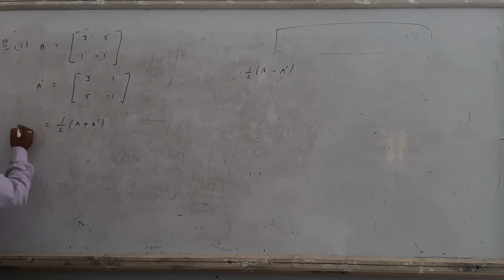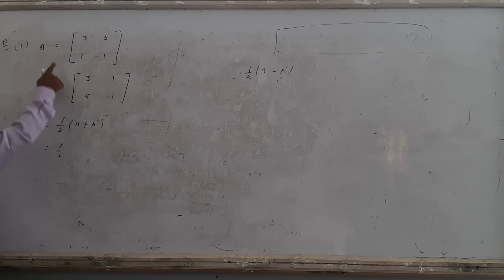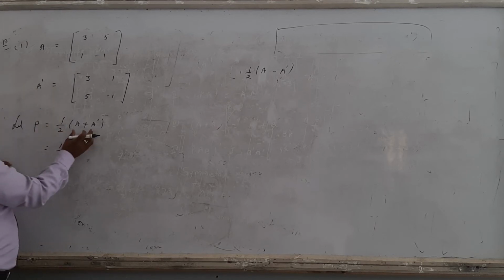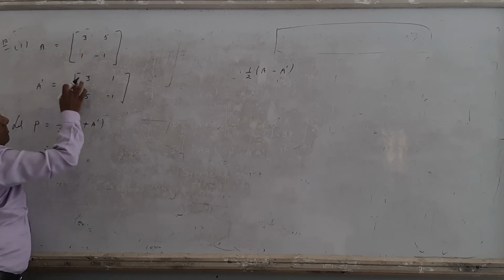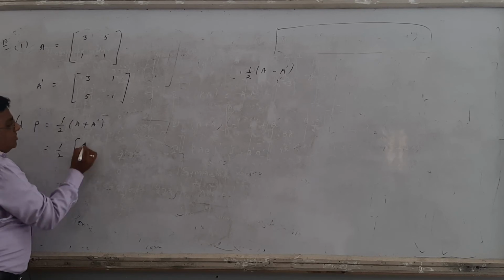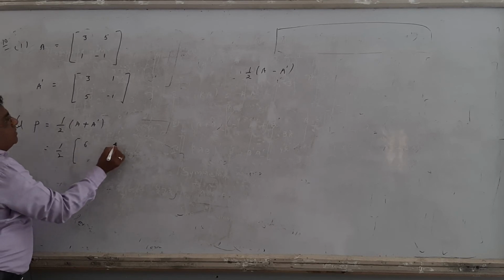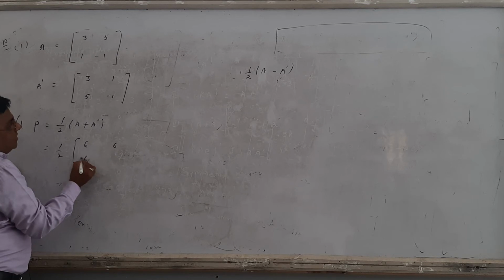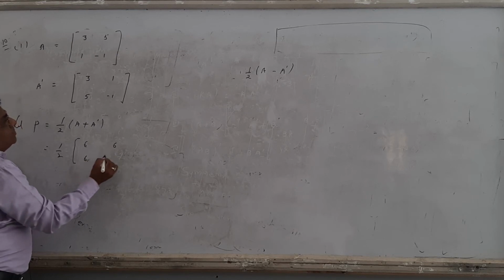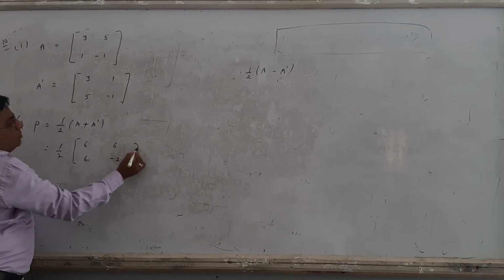Let's suppose a new matrix P, half as it is, A is given, A dash is given. Sum of two matrices: corresponding elements add, so 3 plus 3 is 6, 5 plus 1 is 6, 1 plus 5 is 6, and minus 1 minus 1 is minus 2.